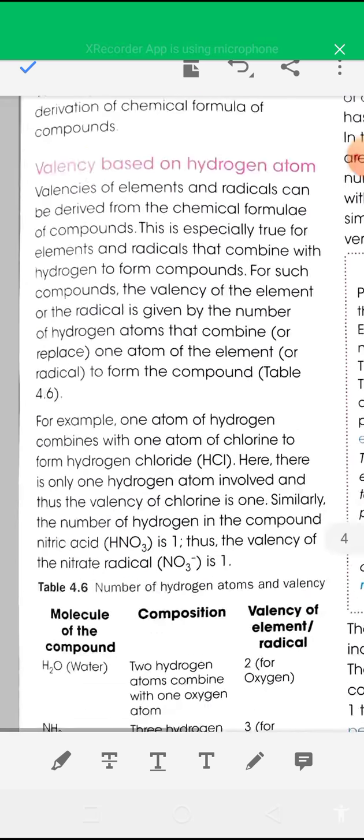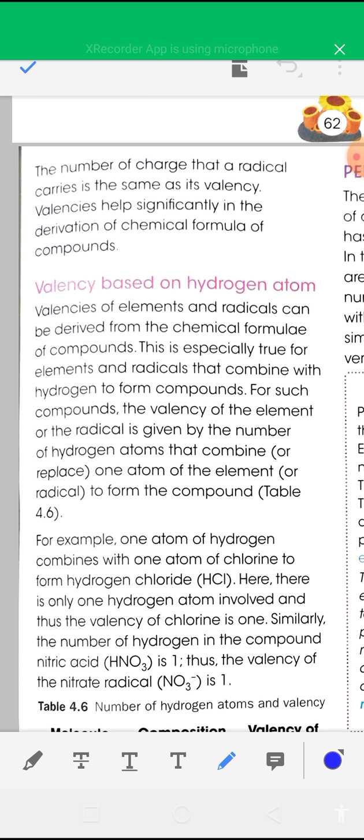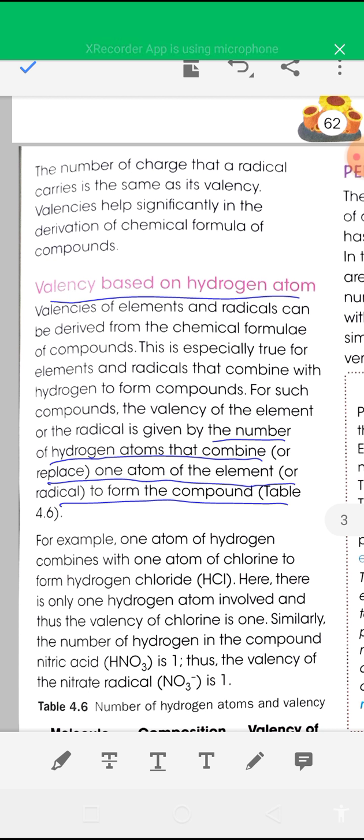Now see, valency based on hydrogen atoms. I have told that valency is equal to the number of hydrogen atoms. So the number of hydrogen atoms that combine with or replace one atom of the element or radical to form a compound is equal to the valency of that element.